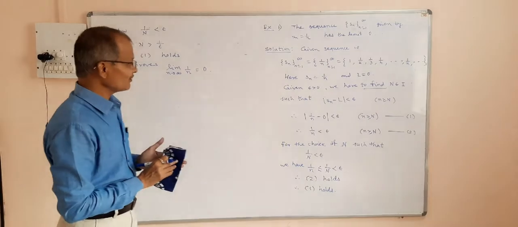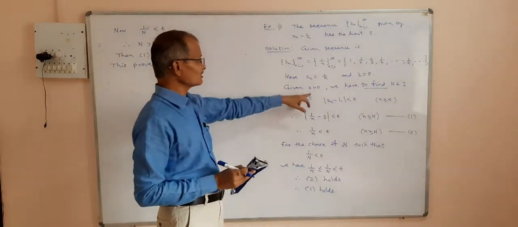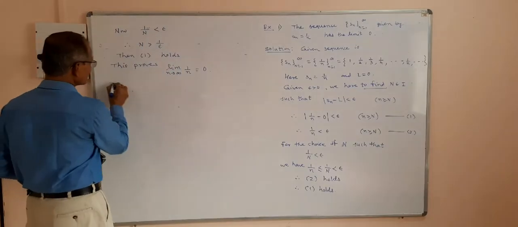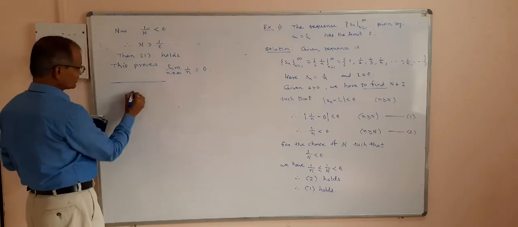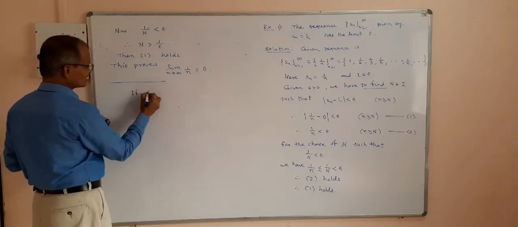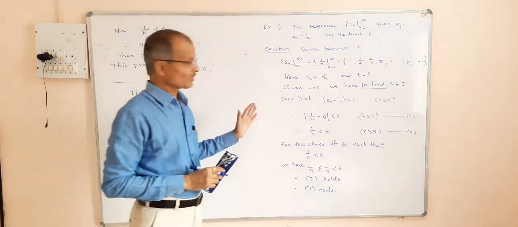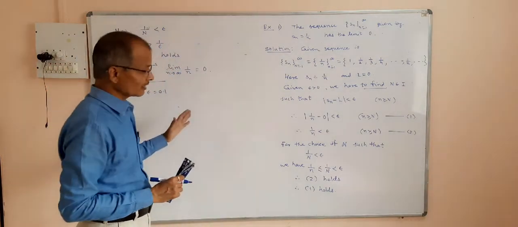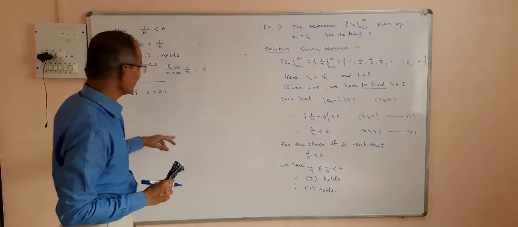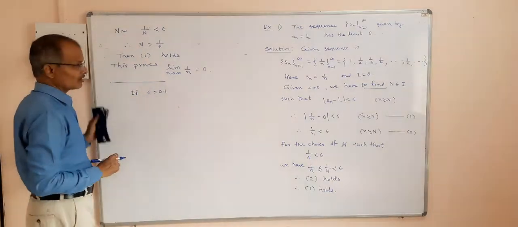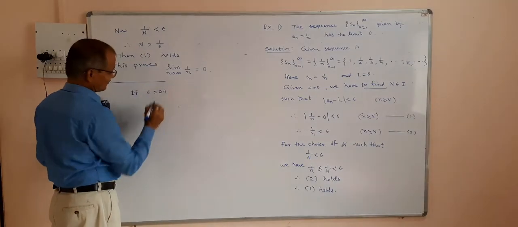Now what is the meaning here is epsilon is greater than 0. So we can consider, if epsilon is any real number, not positive integer, any real number which is small and positive.